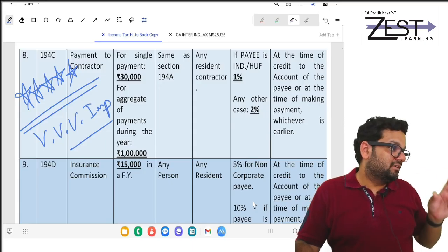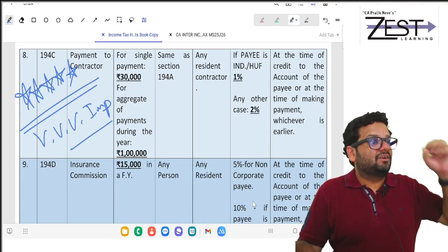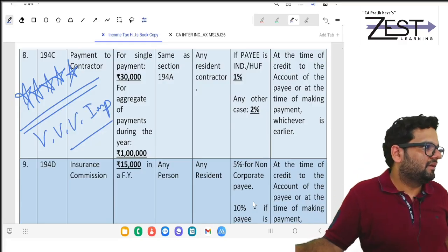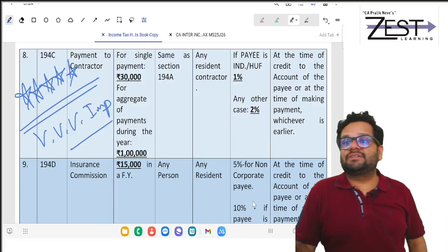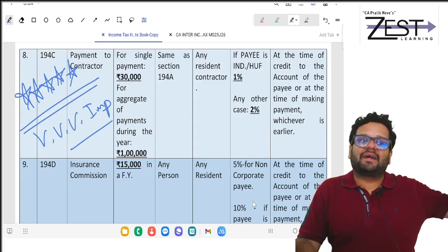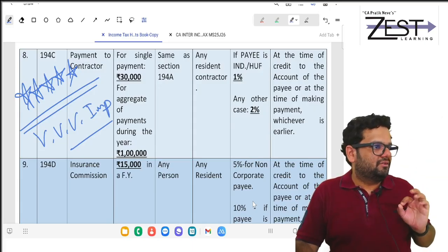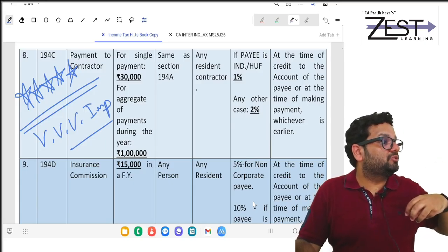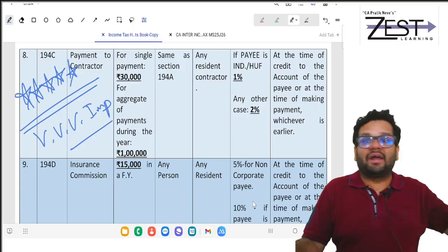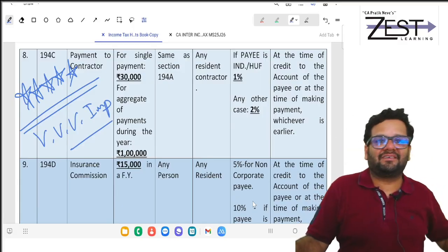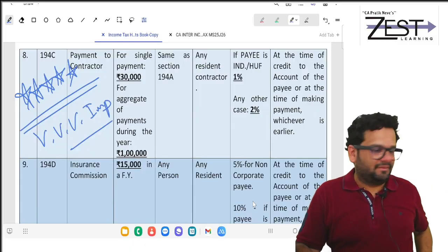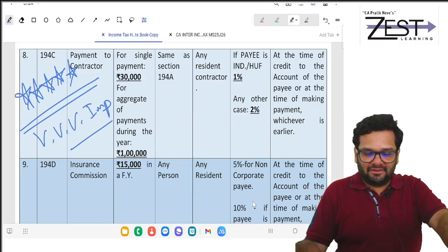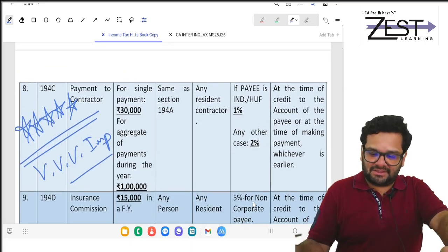The services could be professional services or a contract. Those which are not professional services will usually be contract. Labor, contract. Security agency, contract. Advertising, contract. So when you are paying a contractor, what is the rate of TDS?